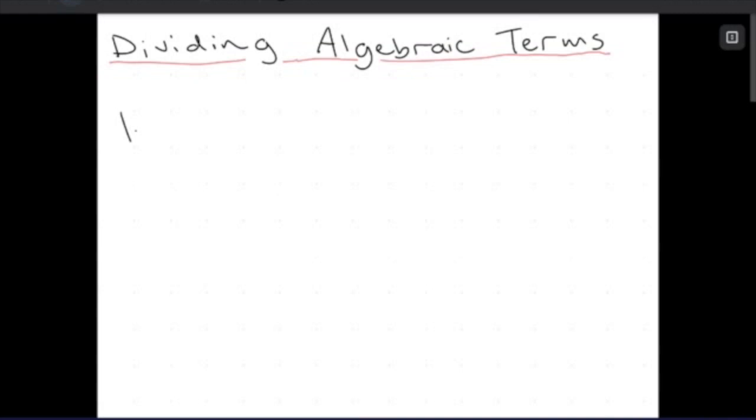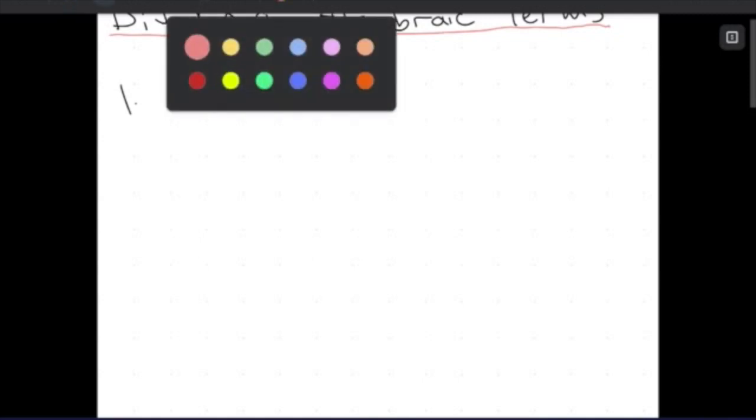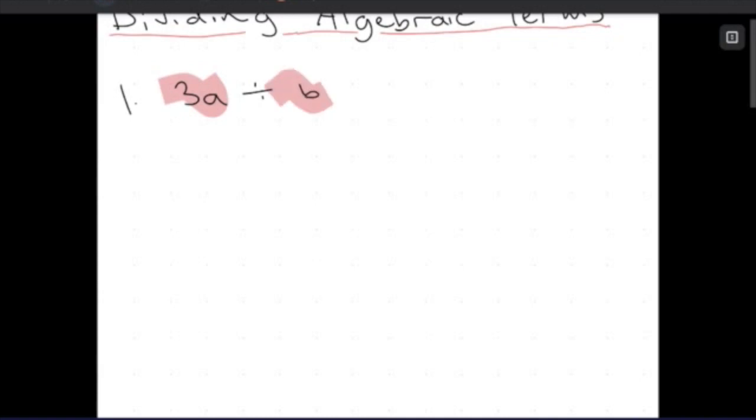If I'm dividing anything algebraically, so say 3a divided by b, there's no real common factors between 3a and b, but just to show you how we can express these things, in algebra we always write divisions as fractions.